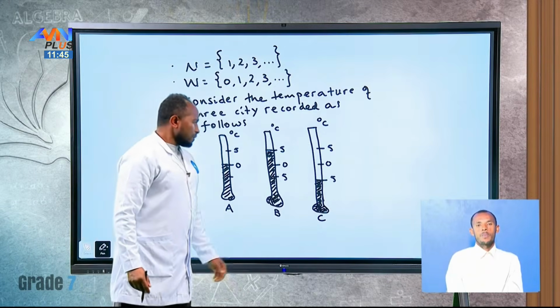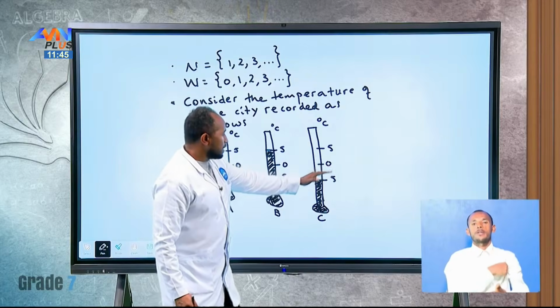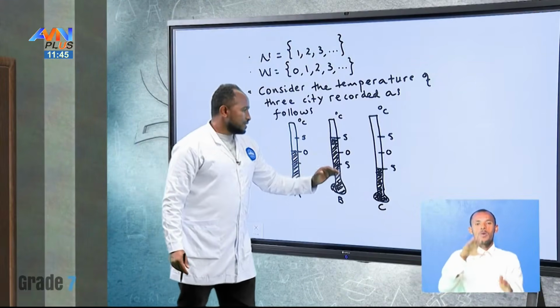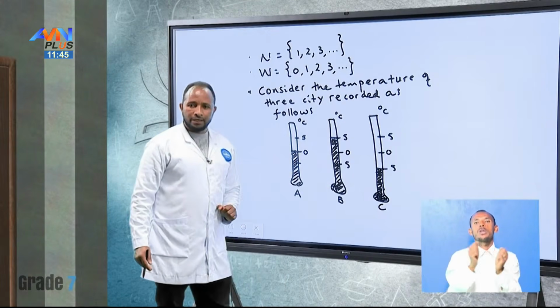Okay, so such a very cold temperature below 0 is represented by a number with minus sign.